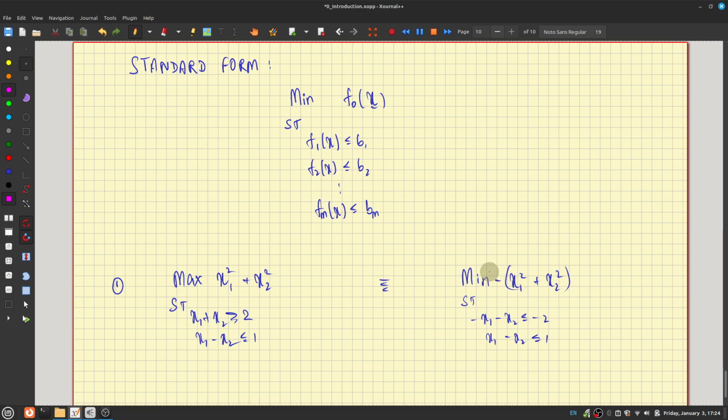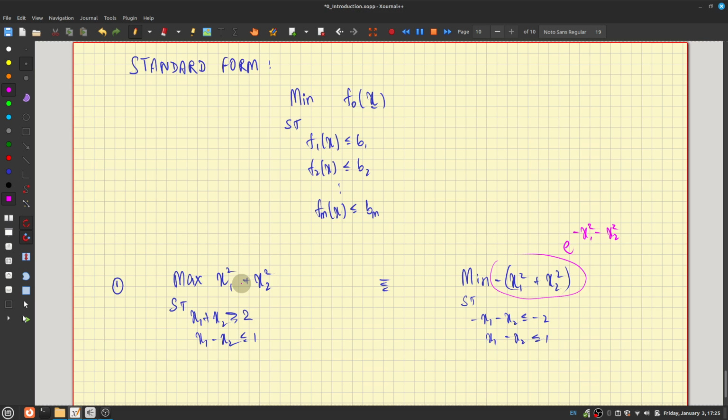But instead of doing this, I could also have said I want to minimize e to the power minus x1 square minus x2 square. Because minimizing e to the minus x1 square minus x2 square is the same as maximizing x1 square plus x2 square. So I can always play these tricks.